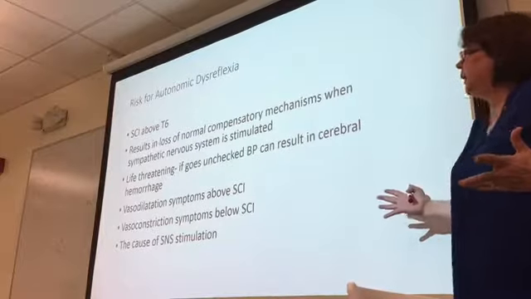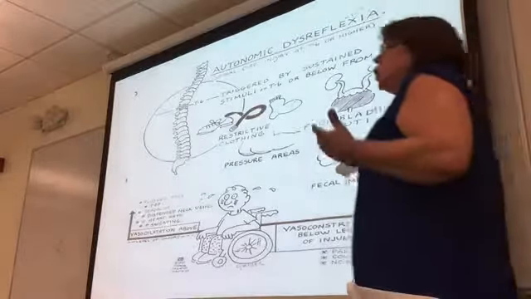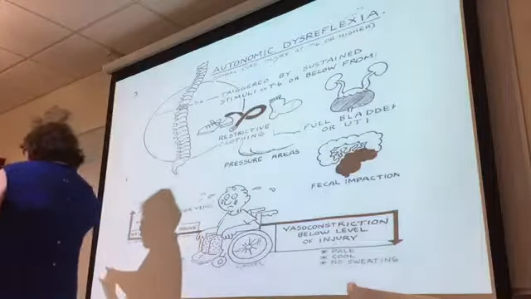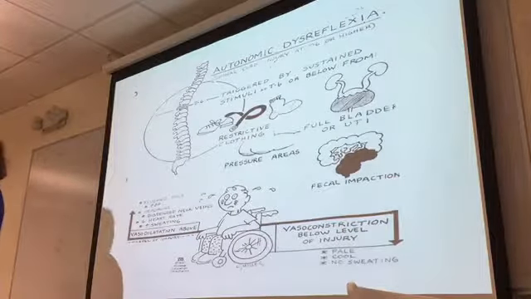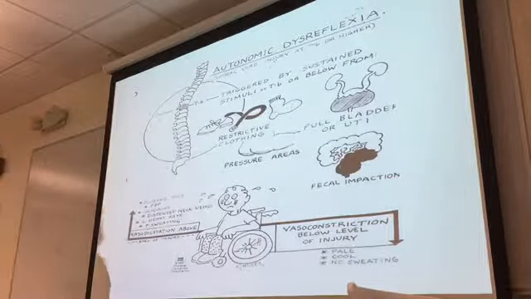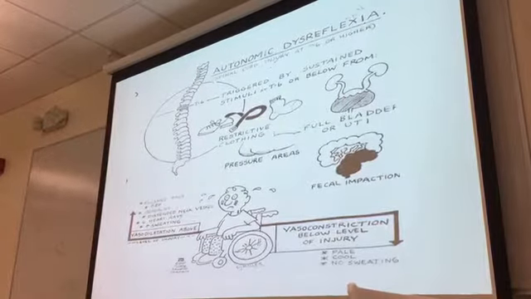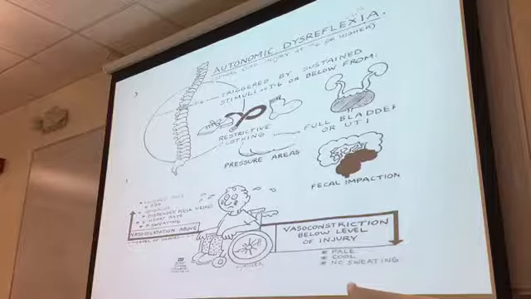It's a life-threatening condition. So what happens is there's a noxious stimuli below the level of injury. Noxious stimuli could be a full bladder. It could be constipation. Could be that they have a skin breakdown. Could be that something is sticking into them. They can't feel it. But the body, sympathetic nervous system, again, its injury is only T6 and above.